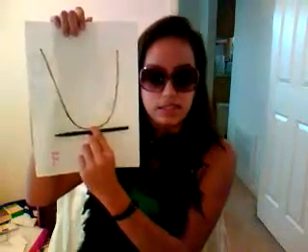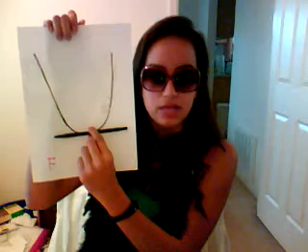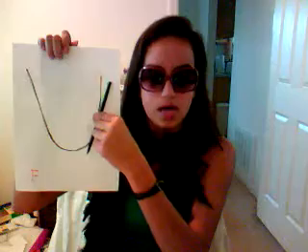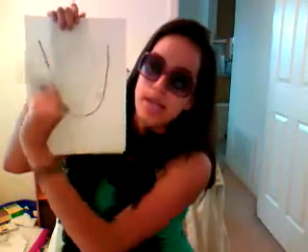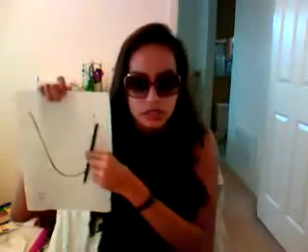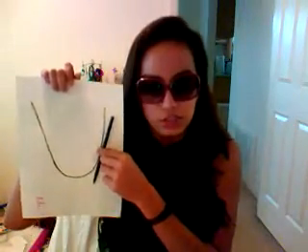So if I want to know the derivative at the vertex here, I'm going to put my fingers in the middle, and then I can see that the slope is going to be really, really flat. So the derivative is probably going to be 0 at that point. And over here it's going to be really positive, and over here it's going to be really negative. So you can see if you trace the graph with your fingers and this pencil, because the slope of the tangent line is the derivative, and this kind of acts as a tangent line.